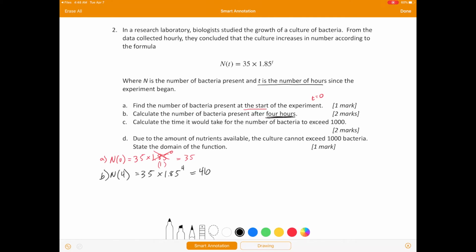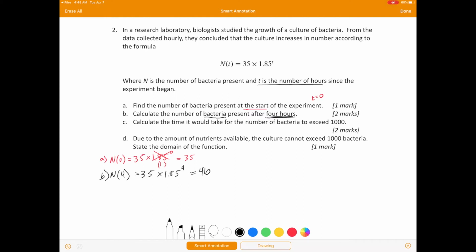Now, I know some of you got 409 point something. Be careful that these are bacteria, right? It's not millions of bacteria, it's not thousands of bacteria, it's just actually the number of bacteria. You cannot have a decimal number of bacteria, okay?